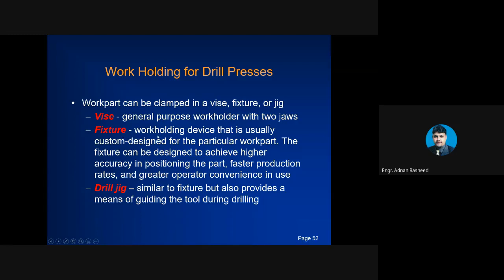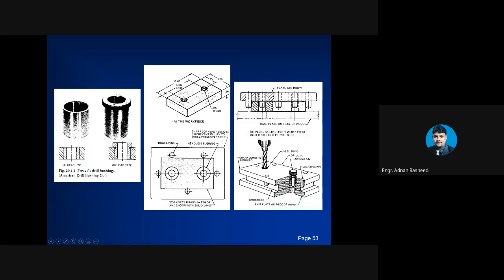Fixtures. Fixtures are work holding devices that are usually custom designed for a particular work part. A fixture can be designed to achieve higher accuracy in positioning the part, a faster production rate, and greater operator convenience in use. Drill jigs are similar to fixtures but also provide a means of guiding tools during drilling. So you can see this is a press fit drill bushing that is created using a drilling operation.